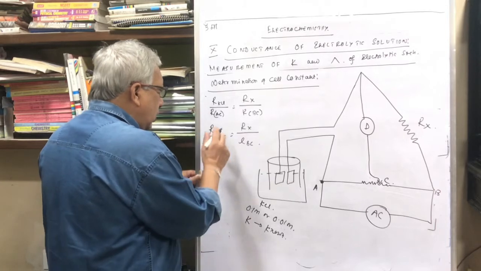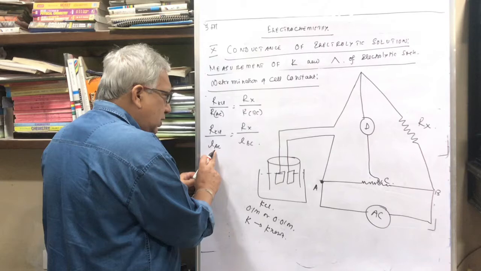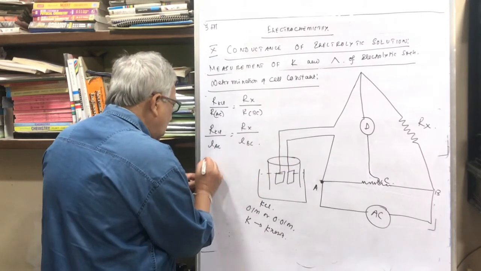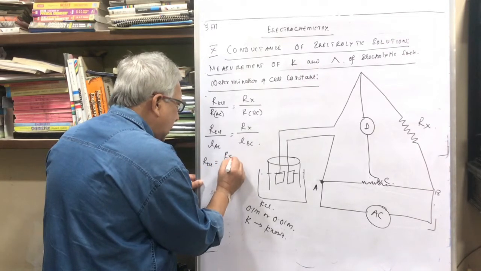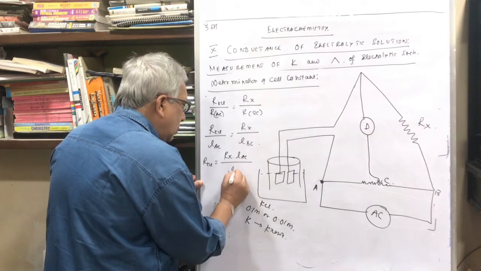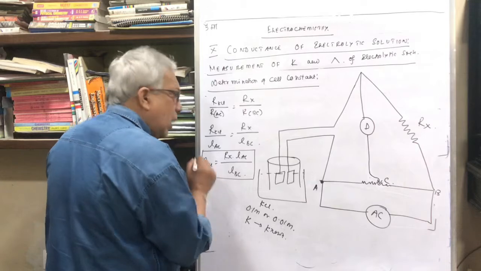Now Rx is known, and these lengths I have measured. So R of KCl is equal to Rx into length of AC upon length of BC. It is by this that I find out the R.